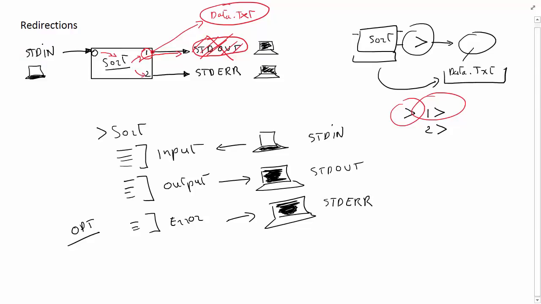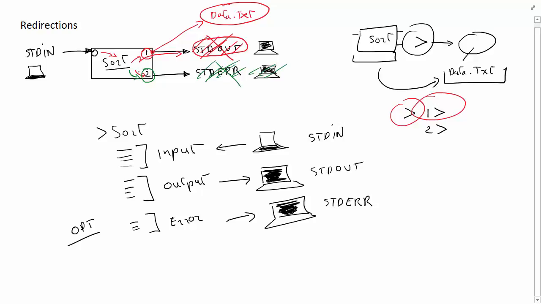So this illustrates the other thing that commonly is redirected, which is the standard error output. I'm interested in running a command like sort. I know the command is going to display any error message to its second file descriptor, which is connected to STDERR, which by default is a screen. So what I do is I say I don't want my STDERR to go to the default, which is a screen.